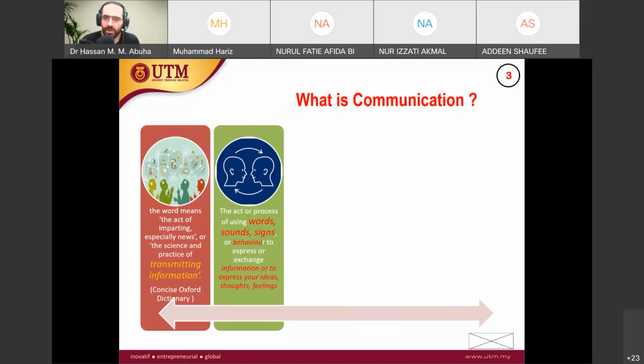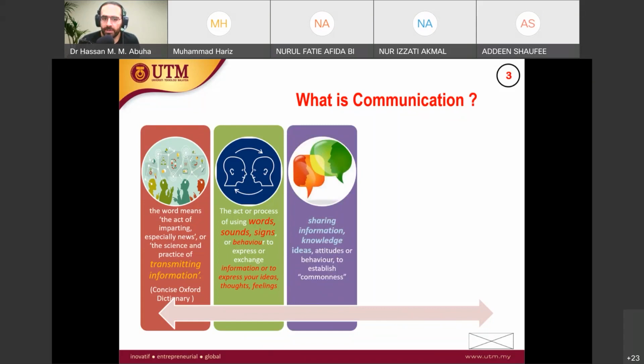We will see later on that there are actually many types of communication: verbal, nonverbal, mediated. We will see that in just a second. So verbal communication is using words, sounds, body language, and so on. And then sharing information and knowledge and ideas.